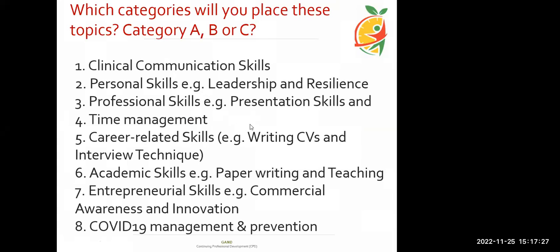So for number 1, you can equally type in the chat. What do you think? Is it a category A, B, or C training activity?